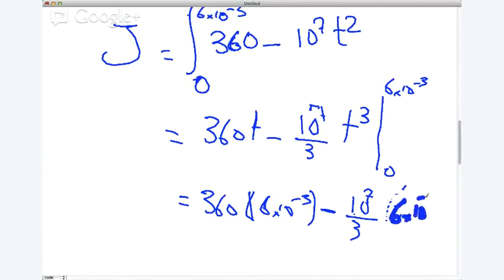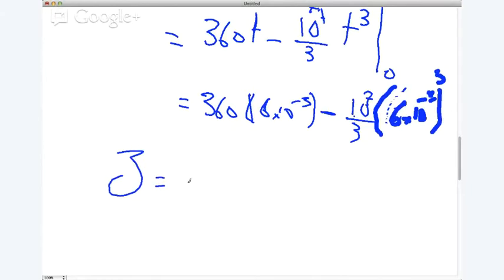6 times 10 to the minus 3, cubed. And after everything is said and done, and when you plug this into your calculator, you will get 1.44.